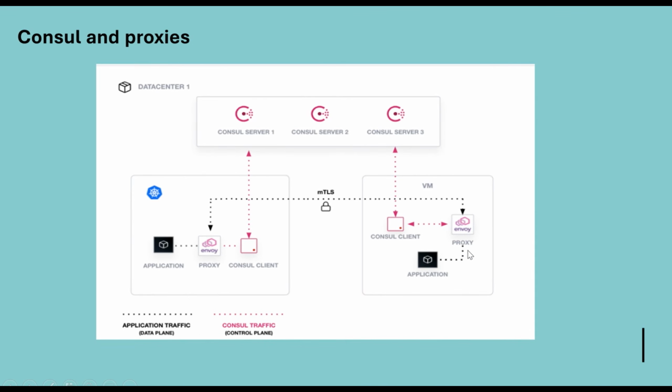The proxy also updates the product status to the application: hey, this product is available, and that's how the product is getting booked, or added to the cart. So this is how Consul works overall, and how the proxy, the Consul clients and the applications communicate with each other.